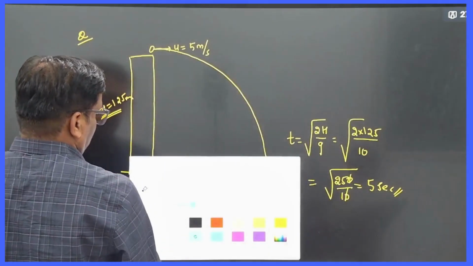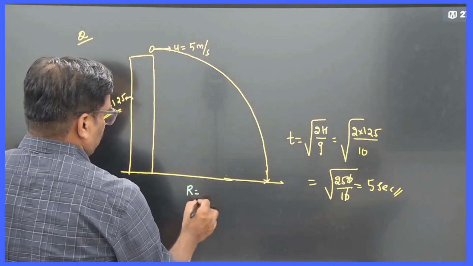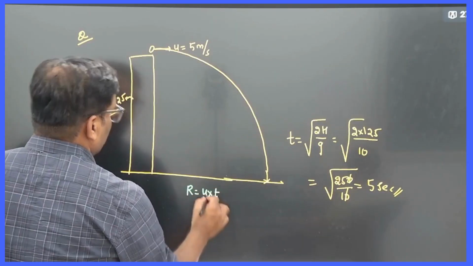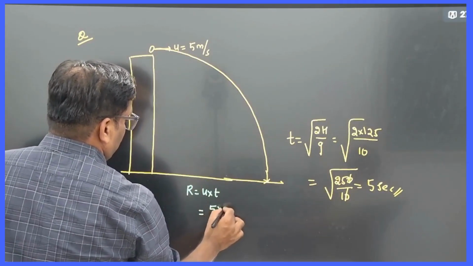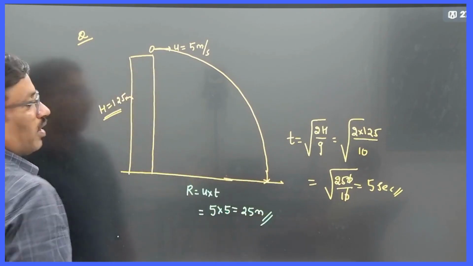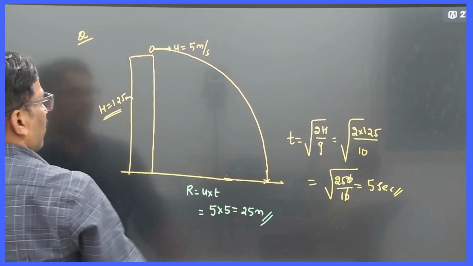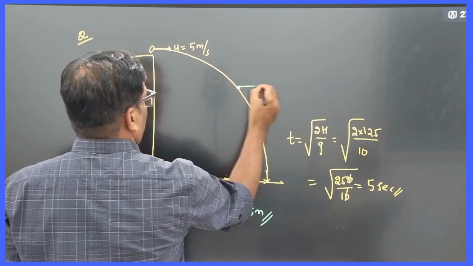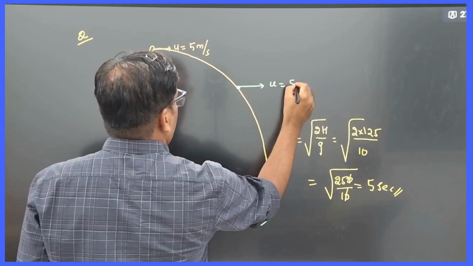Or sometimes you can calculate the range. That is u into time taken. U is 5, so 5 into 5, therefore 25 meters it is going to fall from the ground. You can calculate the velocity at any point. Here u is 5 meters per second.